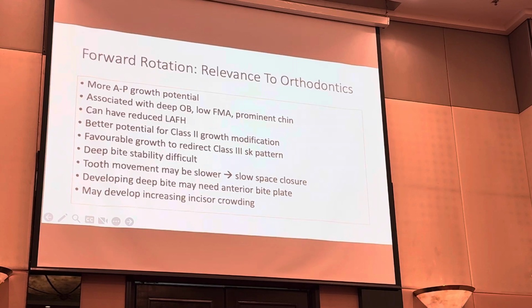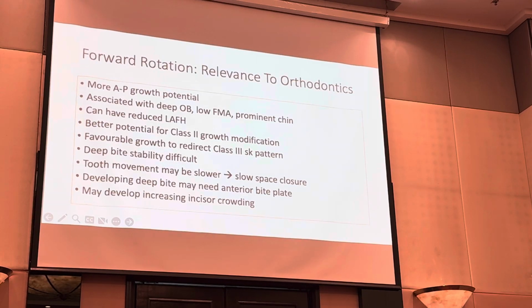Now, this depends when we talk about class 2 and class 3, but this is more into interception already. For us, what is more relevant is that we want to correct the deep bite and its stability. Any patient with a square jaw and deep bite, you want to treat this type of patient. Number one, very difficult. Number two, stability will be an issue because of the way the jaw will keep growing.